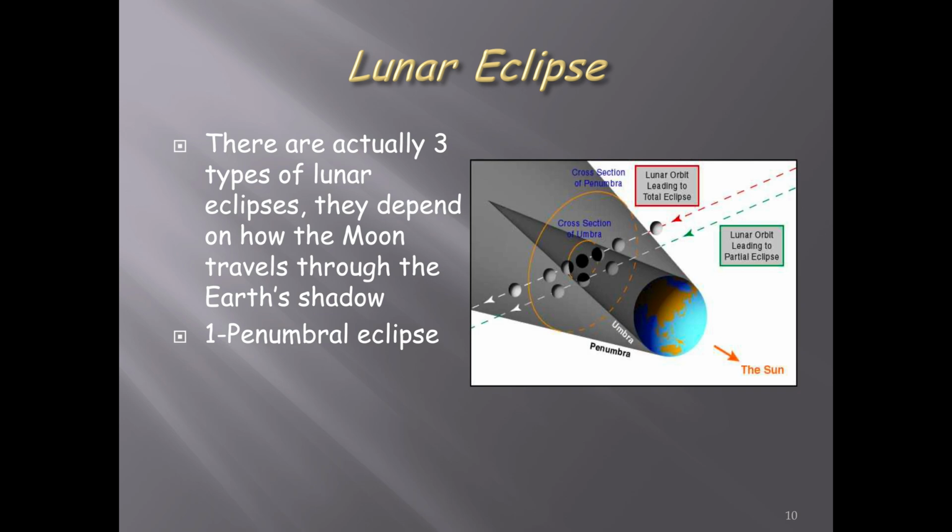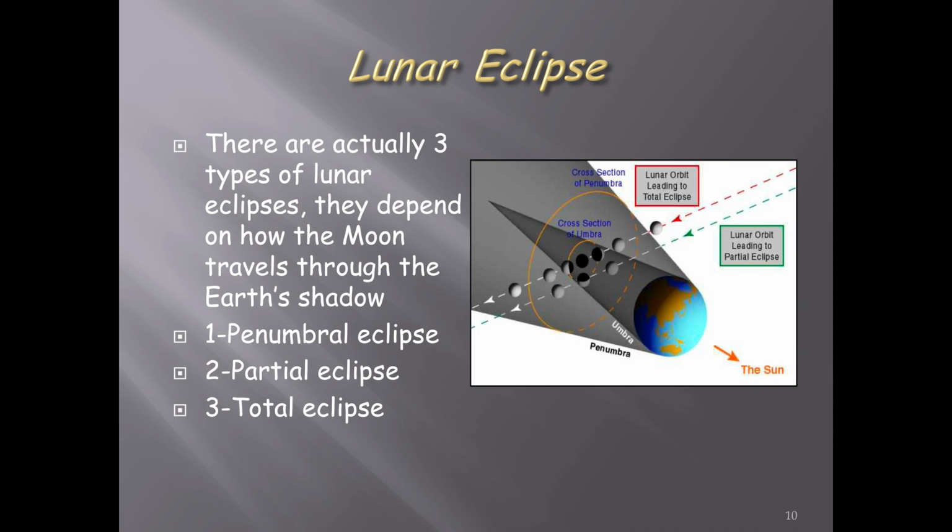So of those possibilities, you get a different type of eclipse. One's referred to as a penumbral eclipse. One's referred to as a partial eclipse. And the last one is referred to as a total eclipse. So again, you've got the penumbra, bigger word, bigger shadow, shaded area.